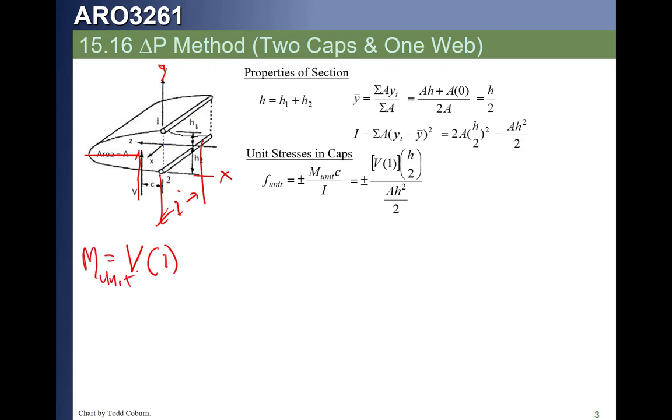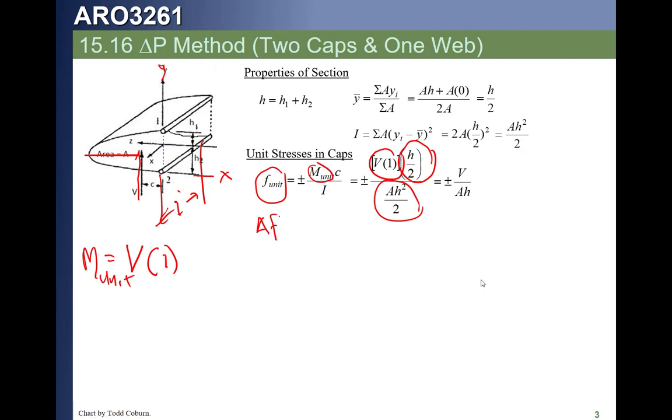Got that? With that idea, this unit stress is just giving us the change in stress per unit inch. If we plug in that unit moment, which is just V times 1, times our properties C and I, this simplifies to this, and we find this relation.